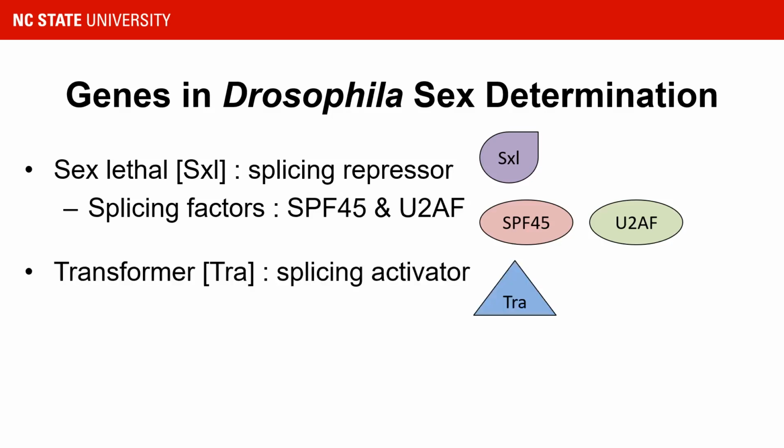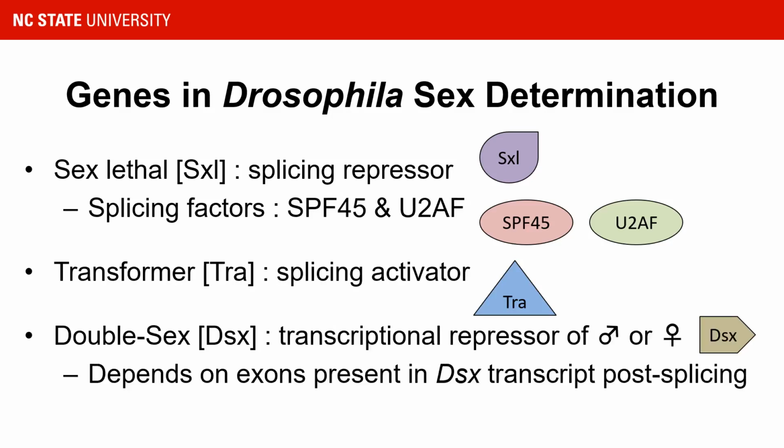Transformer, abbreviated TRA, is a splicing activator that enhances splicing at its bound position in the transcript. Finally, double sex, abbreviated as DSX, is a transcriptional repressor that dictates which genes are turned off in males versus females. Ultimately, the splicing effects of sex-lethal and transformer impact which exons are included in the final double sex transcript.